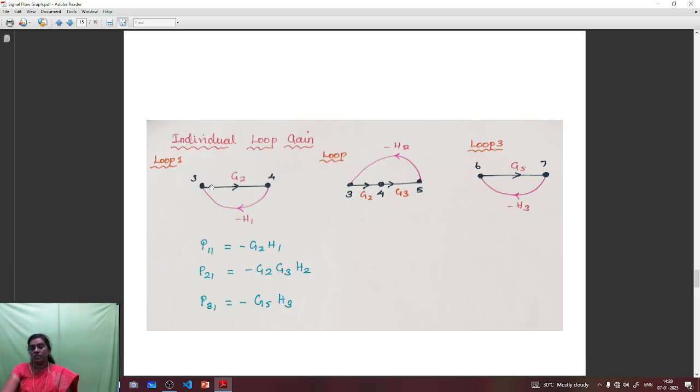While considering loop 1, the gain can be calculated as minus G2 into H1. For the second closed loop, we can find the gain as minus G2, G3 and H2. Similarly for loop 3, the gain is minus G5 H3.